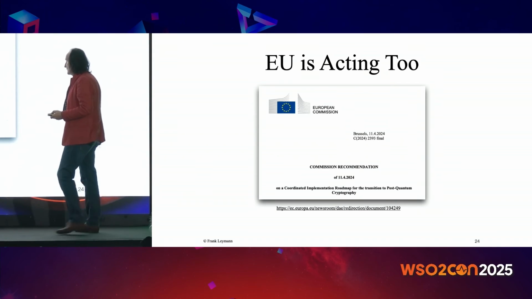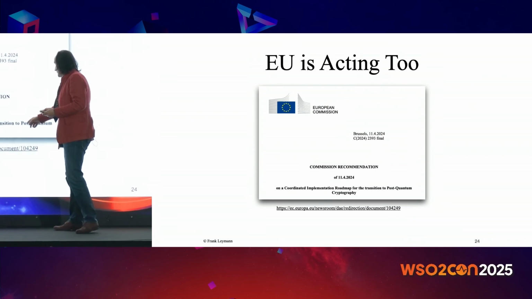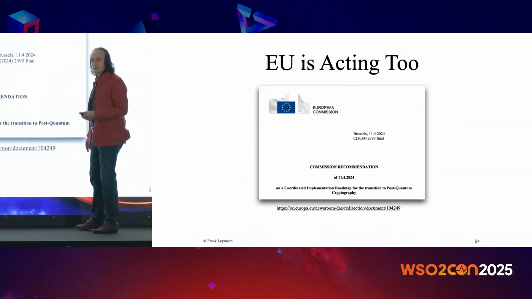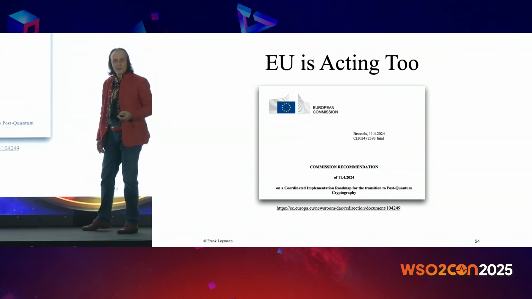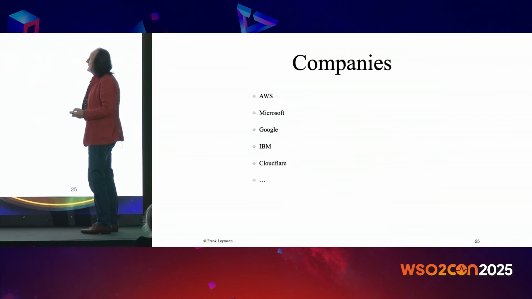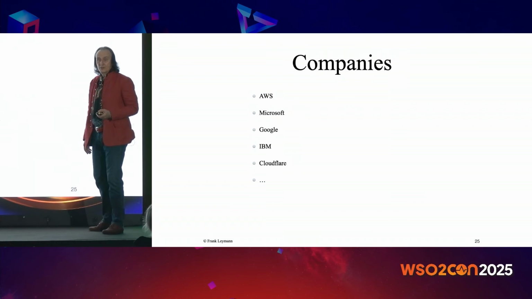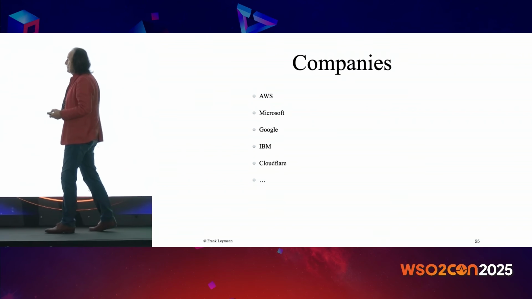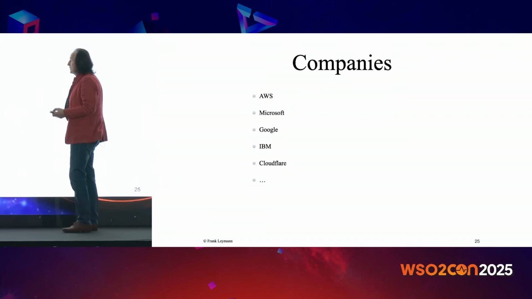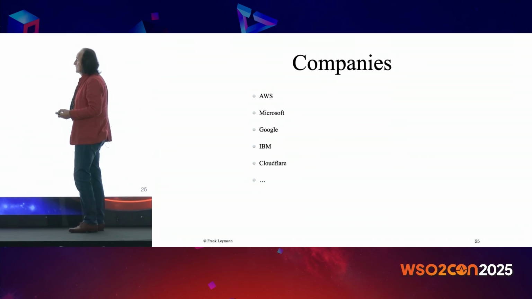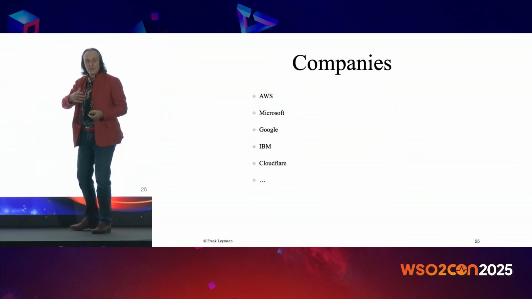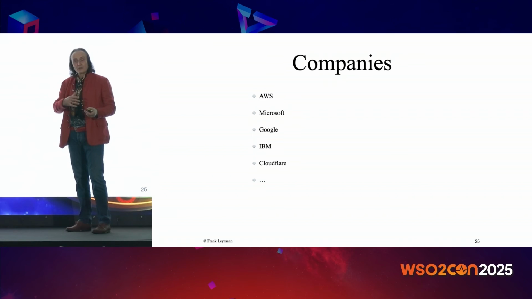There's a so-called roadmap for transition to post-quantum cryptography for all the countries, and the EU is investing in that. It's also ongoing. And companies are working on it. AWS has released a bunch of products that are quantum safe. Microsoft did that. Google publicly speaks about how all their internal communication is already quantum safe.